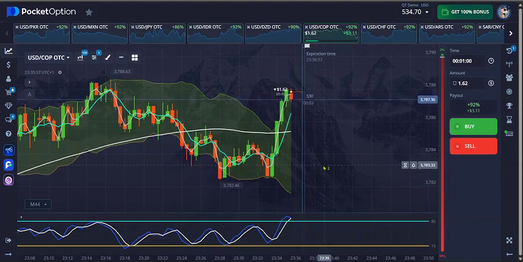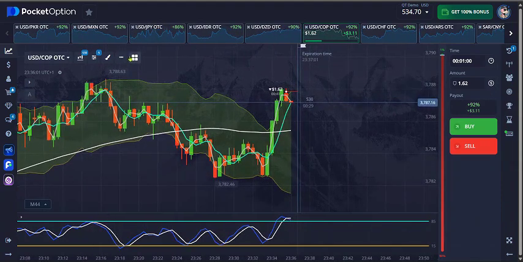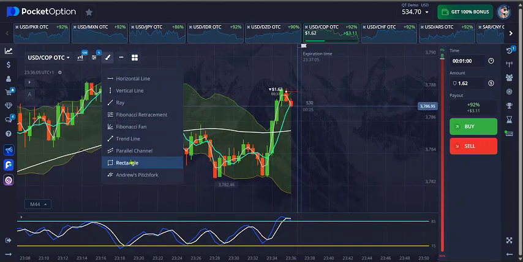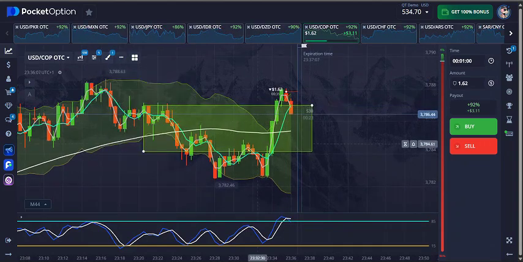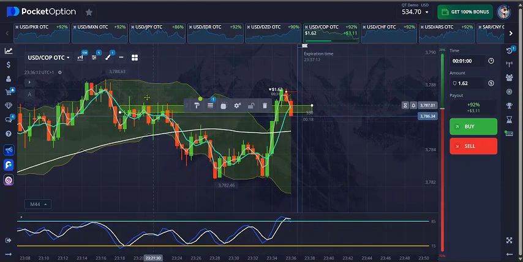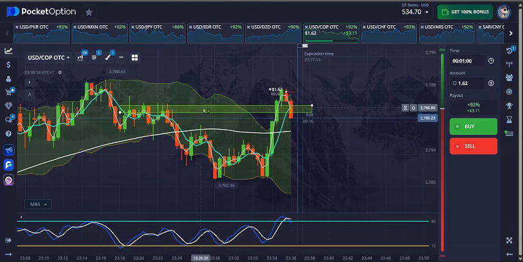All right. This is a very risky trade because I'm spotting a resistance in this region, and that's why I took that trade. And I hope it goes in my favor because it's a risky trade.